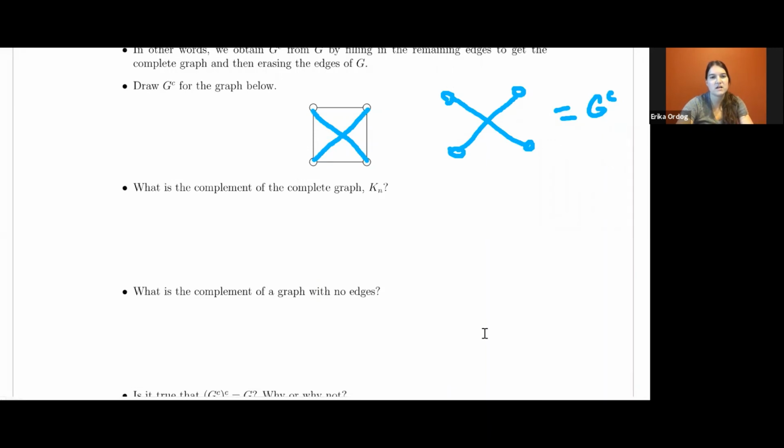If we take the complement, we fill it in to get the complete graph, which we already have, and then we erase all of the edges we had in our graph to start with. So we erase all of the edges of the complete graph. The complement of the complete graph is the graph with n vertices and no edges.